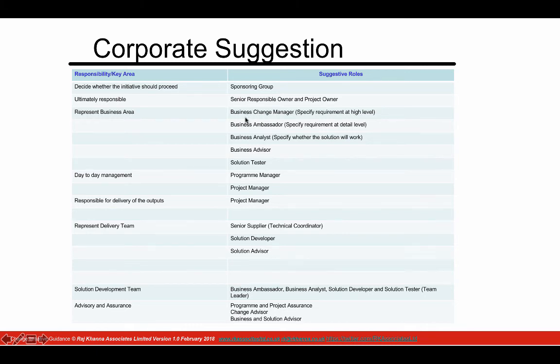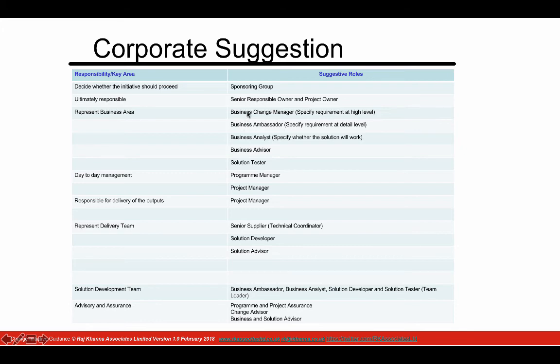So they are specifying the requirements at high level, and once the outputs have been delivered, they will be responsible for the change. They will then empower and appoint business ambassadors. We like the term business ambassadors because it is internationally recognized that a country has an ambassador that goes out to the other countries.